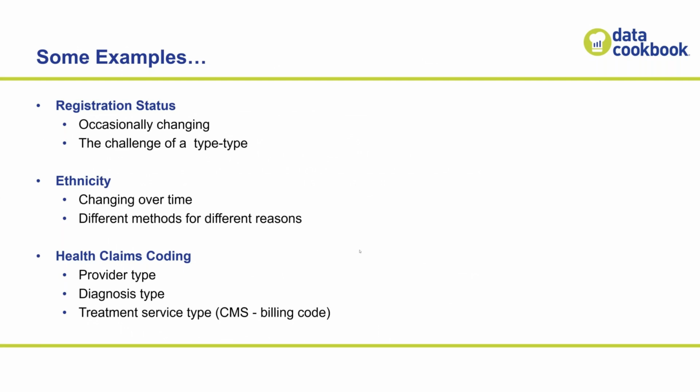So many times when you're talking about these reference data values, you want to understand the specific nuance of each of those values, but then there might be categories of them within that as well.